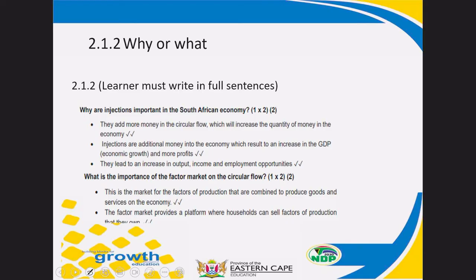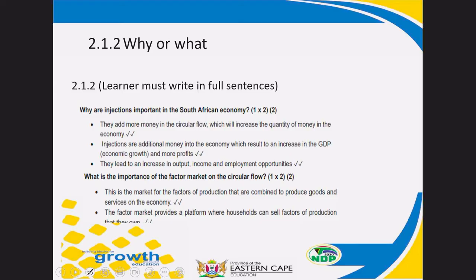You need to support why injections are important. For example, they add more money in the circular flow, which will increase the quantity of money in the economy. Without them, the economy won't really grow. There will be a shortage of money in the circular flow. Injections are an addition into the economy, which results in an increase in the GDP. That's the reason. That's why we always ask for a full sentence here. That one sentence will earn you 2 marks.